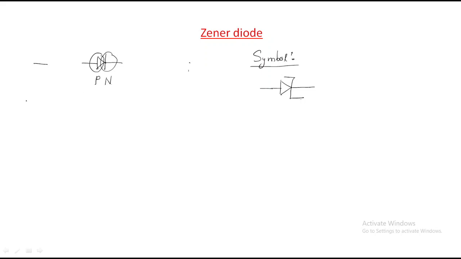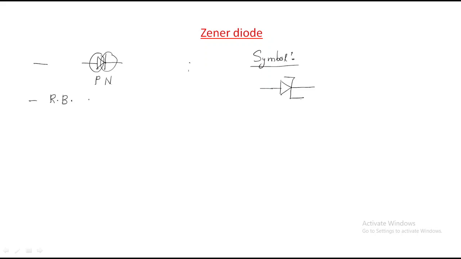So how is it manufactured? Generally, in a normal PN junction diode, if you give reverse bias, what happens?